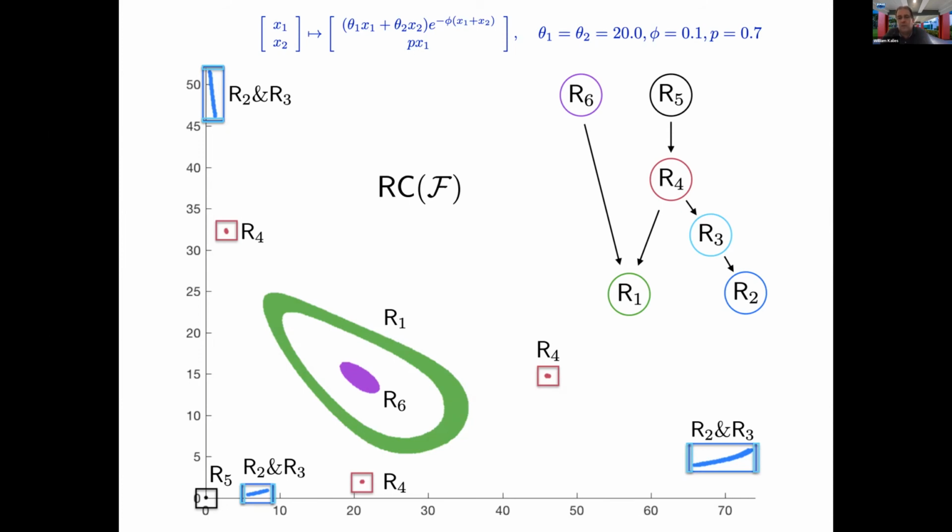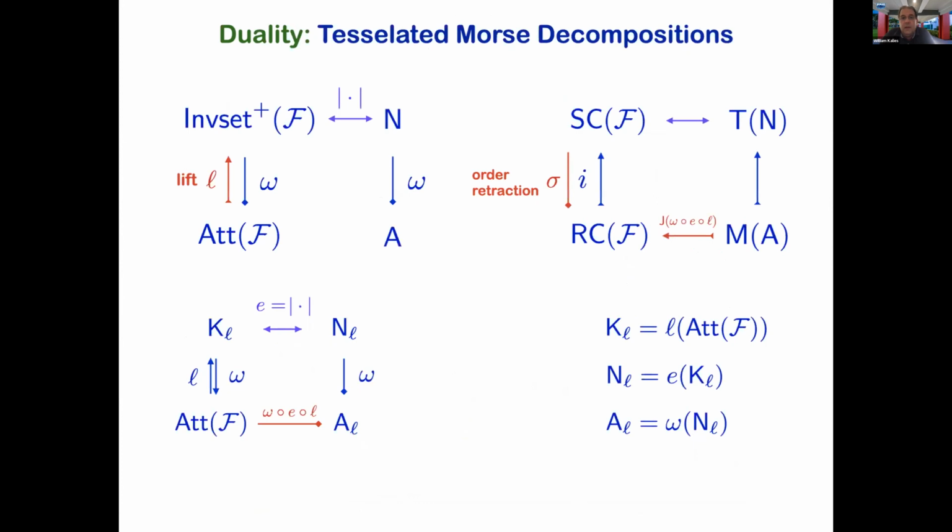So if I look at this graph, the strong components of F are huge, right? And so if I want to see what's happening in the entire rectangle as compared to these recurrent components, then I need to somehow identify what's happening with those other strong components and retract them down to the recurrent ones.